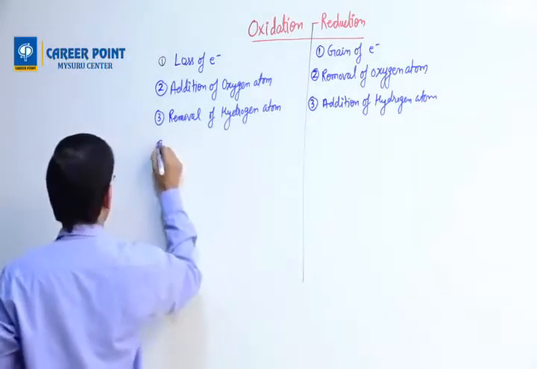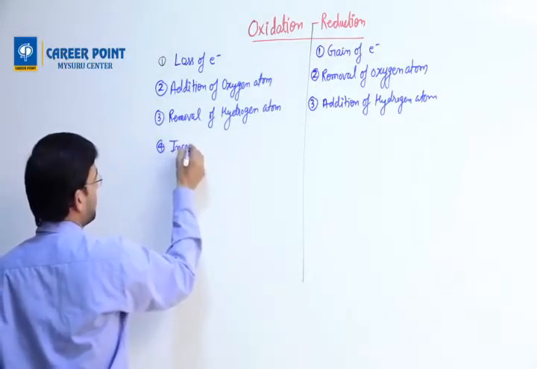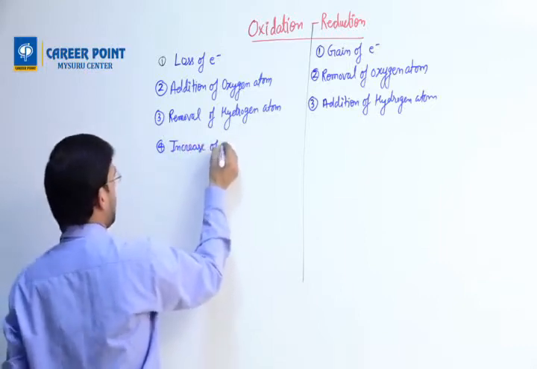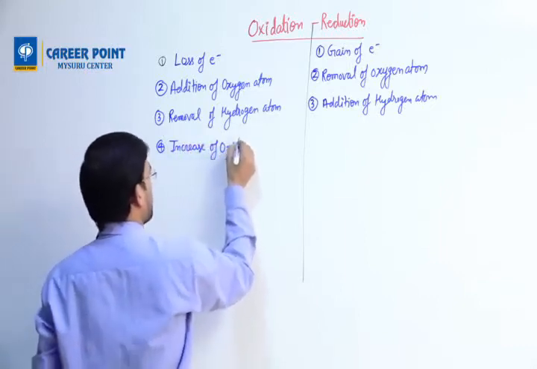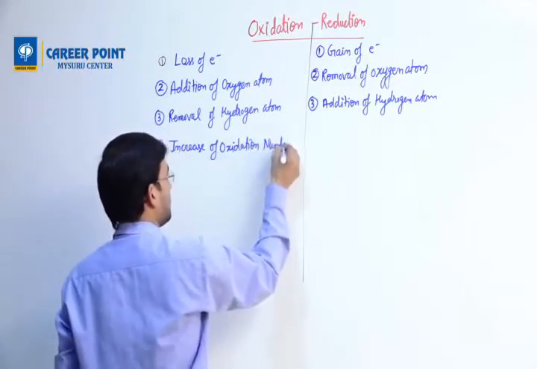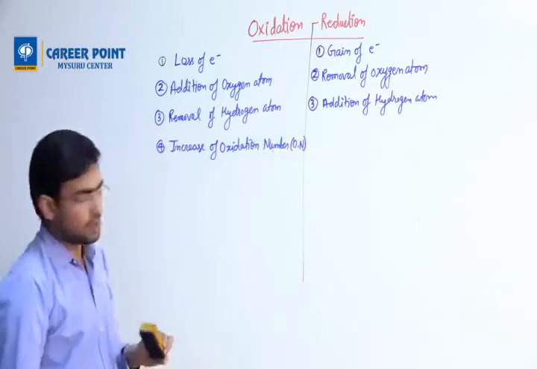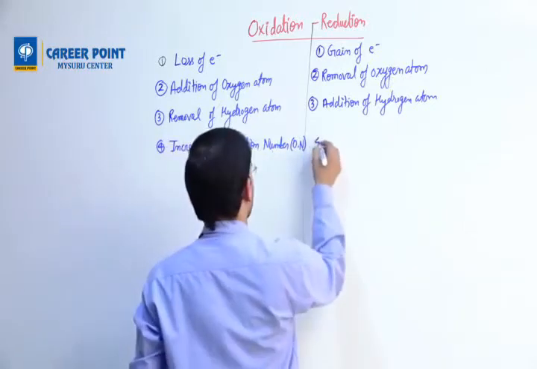And the last definition: oxidation is increase of oxidation number, which is denoted by ON.